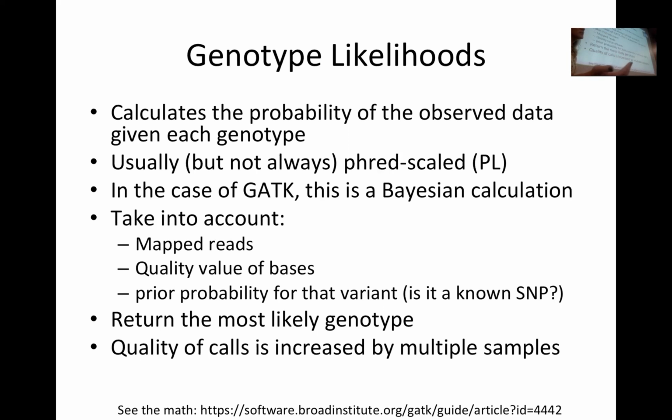The quality of calls is also increased by adding more samples. So if you were, for example, doing human sequencing, you can go to NCBI or somewhere else, like dbSNP, and download all of the known SNPs for the human genome.